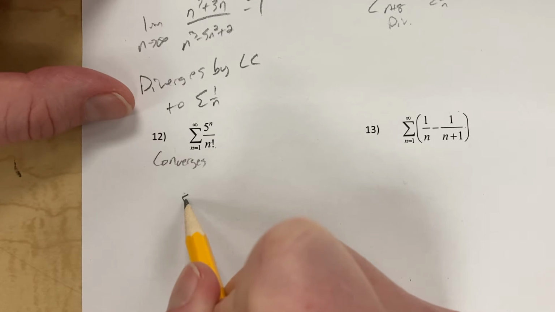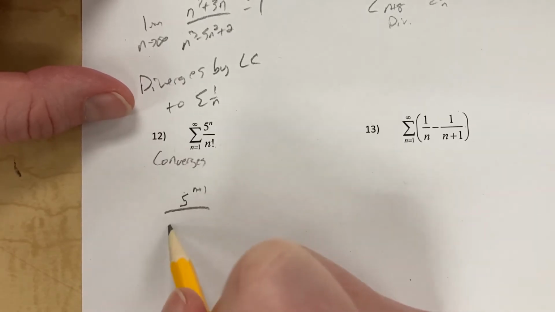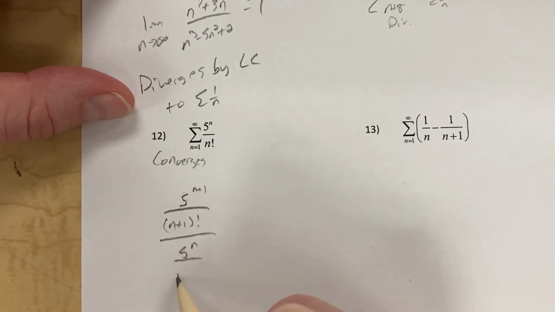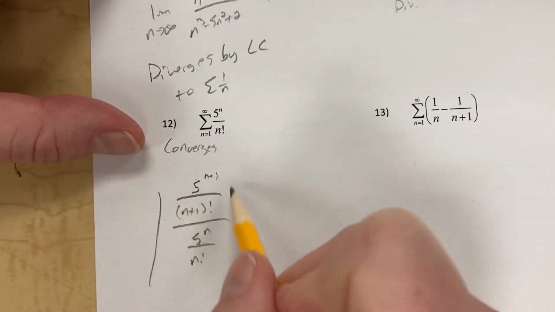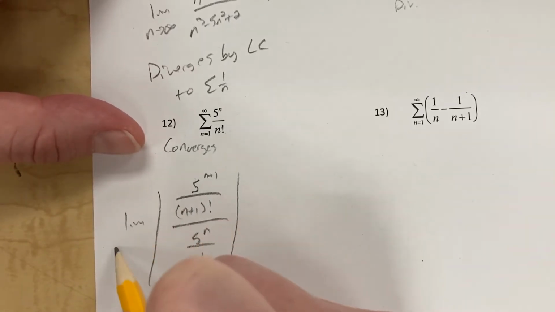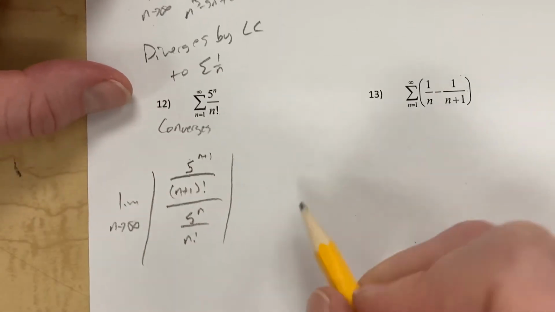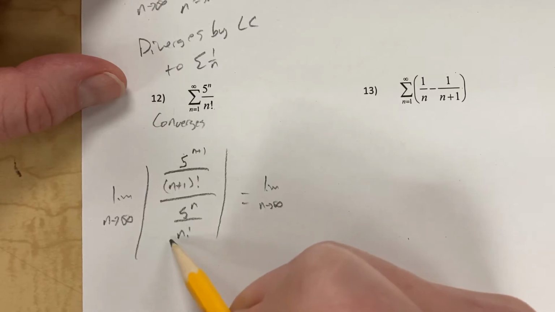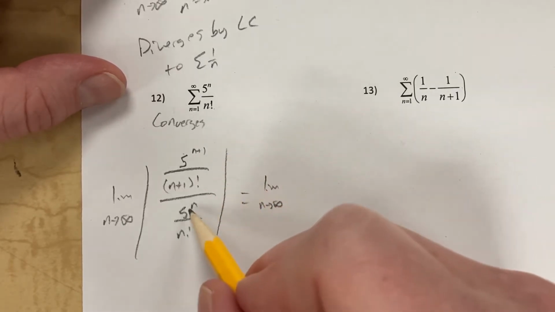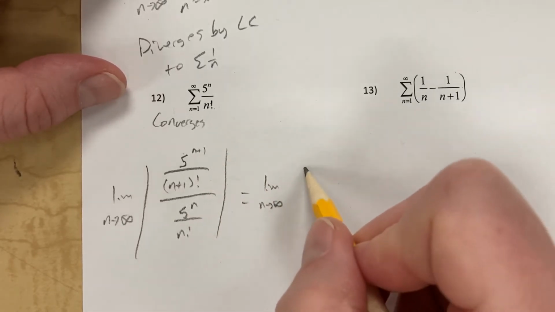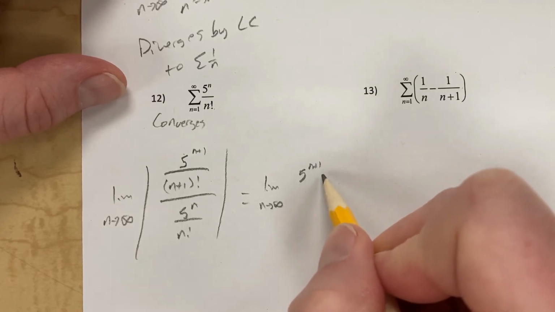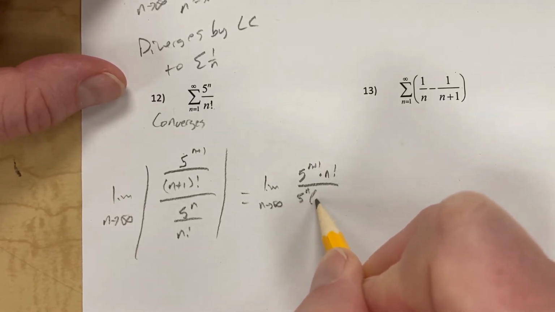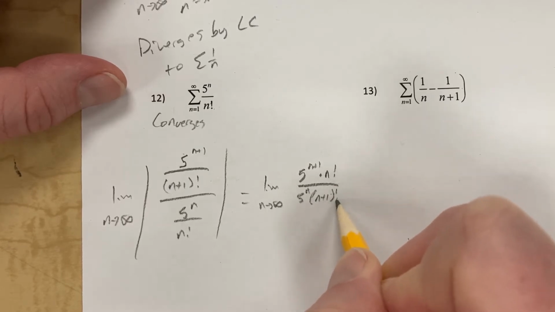Let me take 5 to the n plus 1 over (n plus 1) factorial divided by 5 to the n over n factorial, and we're going to take the limit as n goes to infinity on that. The n factorial comes up, 5 to the n goes down, so we'll have 5 to the n plus 1 times n factorial over 5 to the n times (n plus 1) factorial.